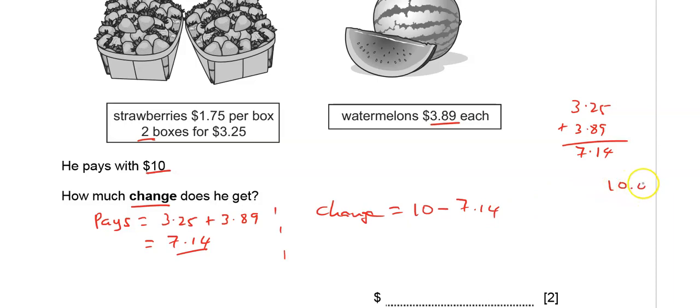So 10 minus 7.14. 0 minus 4, borrow, 10 minus 4 gives us 6. 9 minus 1 is 8. 9 minus 7 is 2. So we got a change of 2.86. So $2.86.